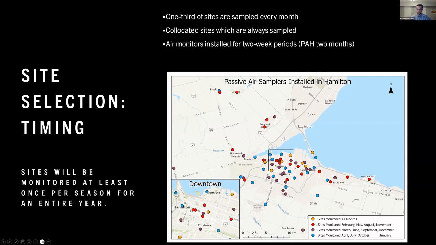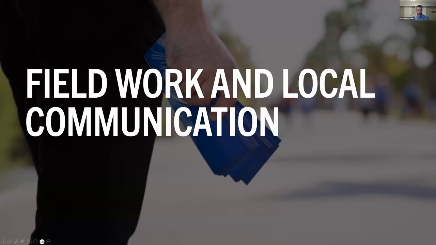So that gave us these sites here, a great coverage across really all of Hamilton. A lot more you can see in the core between the Link, the Red Hill, 403, QEW. A lot of people live down there, and also a lot of different conditions. You have very different wind patterns above and below the escarpment, for example. So lots going on there.